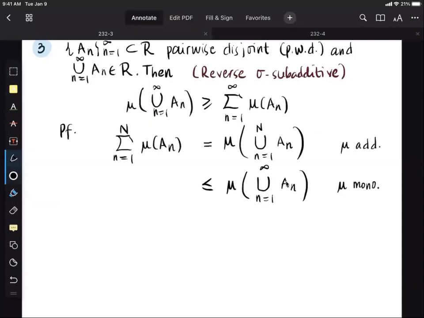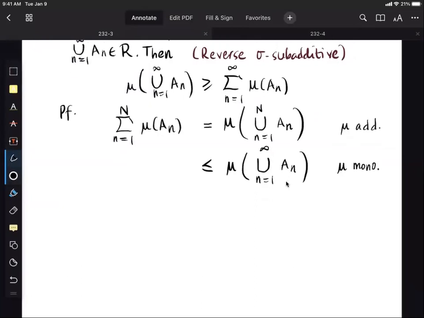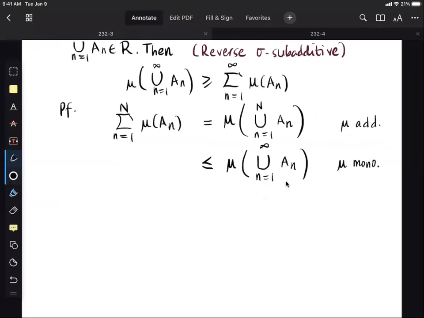Because the countable union here would be larger, a superset of the finite union from 1 to N. And from this, it is enough to pass N to infinity to get the reverse sigma subadditivity. Take note that the terms here are in reverse order, in contrast to this statement.